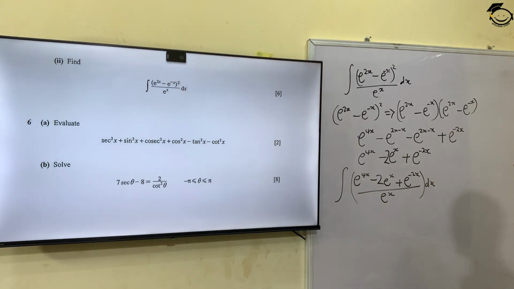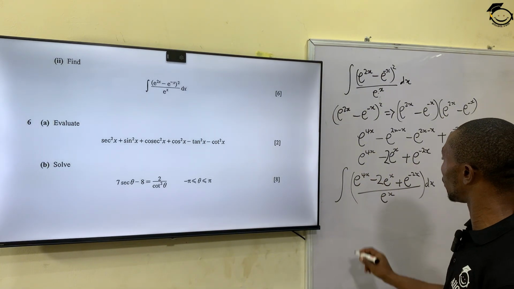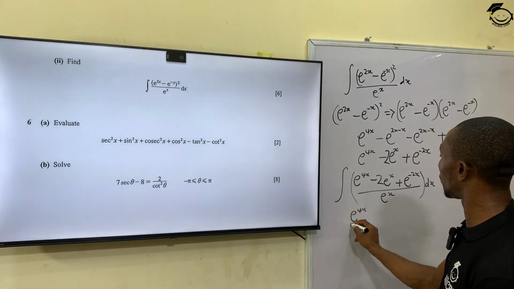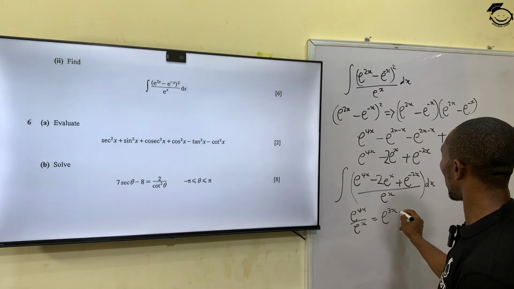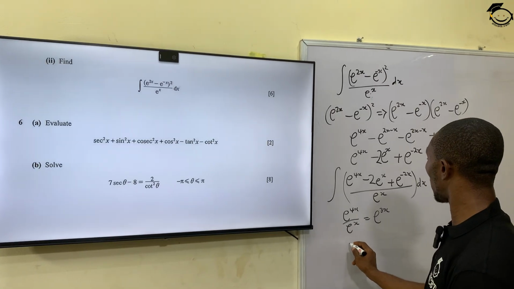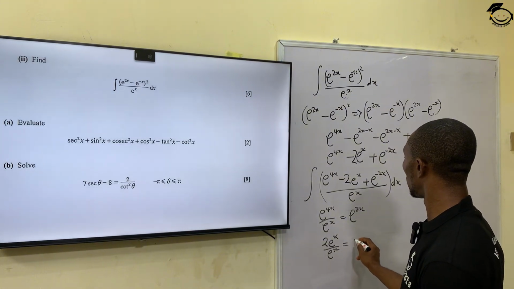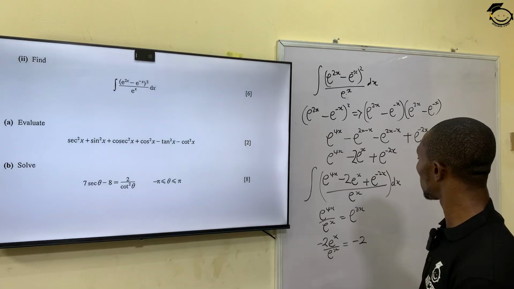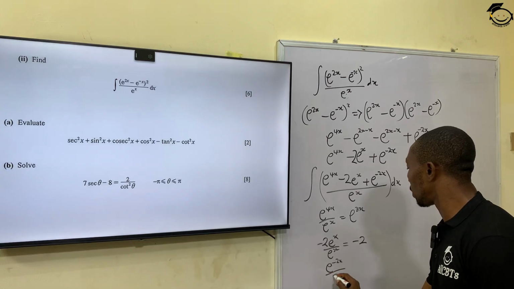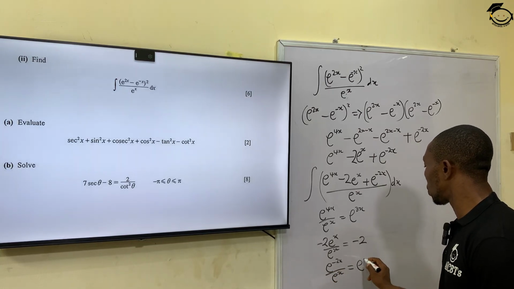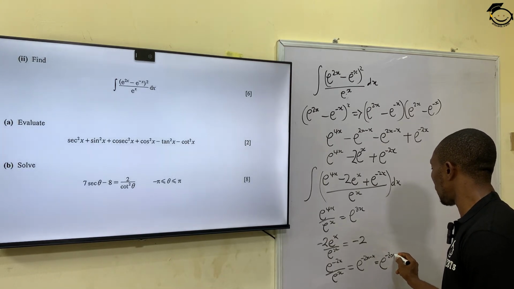Now, let's separate this division for each and every one of these. Now this becomes e raised to power 4x over e raised to power x, which will leave us with e raised to power 3x. All right, and for this we have 2e raised to power x over e raised to power x, which will leave us with minus 2. And for this we have e raised to power minus 2x over e raised to power x, which will give us e raised to power minus 2x minus x, which will give us e raised to power minus 3x.